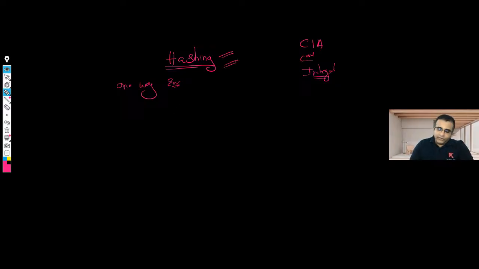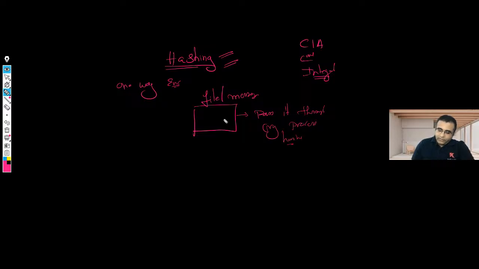So what they will do is take a file, or a message, or anything, and pass it through a cryptography process called hashing. And when they do this, they get an output, and the output is going to be a standard fixed-size output.